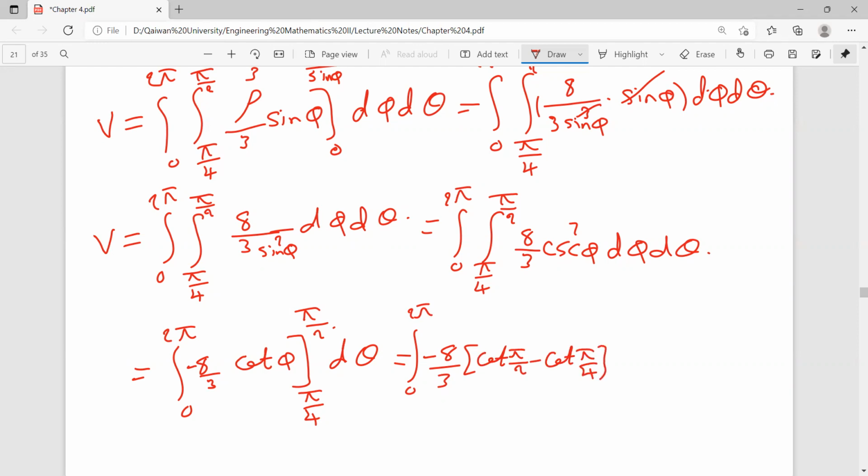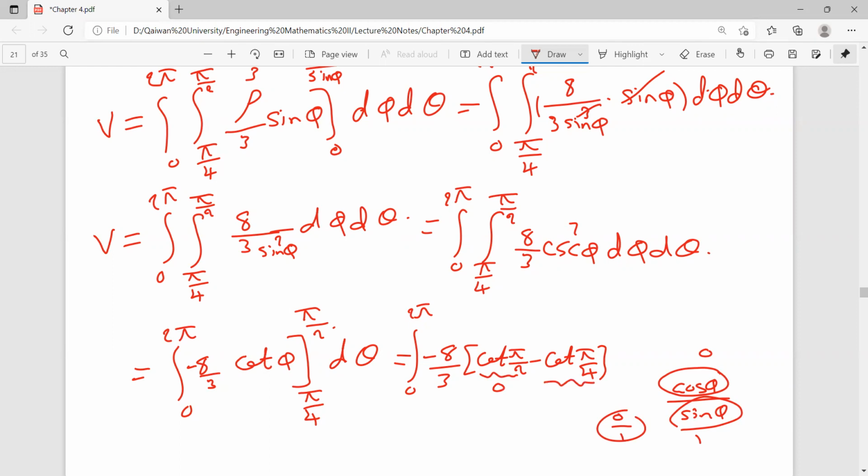Cotangent is cosine phi divided by sine phi. Here cosine pi over 2 is 0, divided by 1, so when phi is pi over 2 it is 0 over 1, which is 0. So this term is 0.